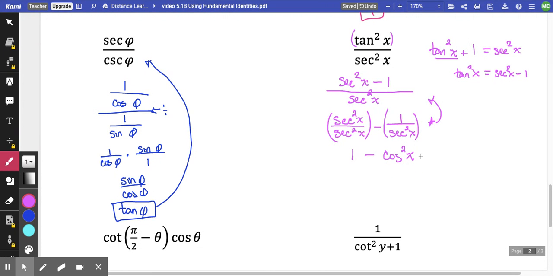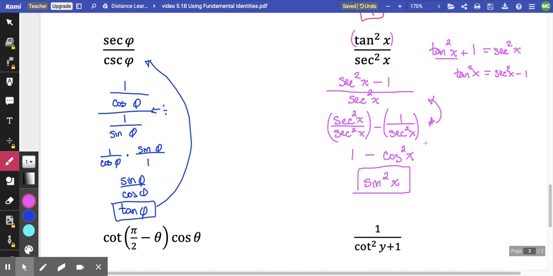And this is now looking very different from what I started with. Now it says 1 minus cosine squared. And I recognize that that actually is closely related to one of my other Pythagorean identities. 1 minus cosine squared is the same as sine squared. So now I could replace that with sine squared of x.